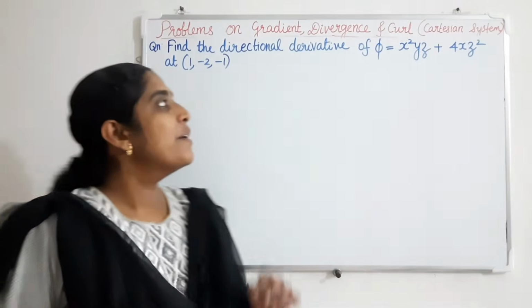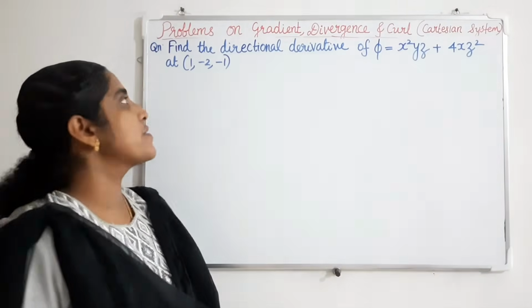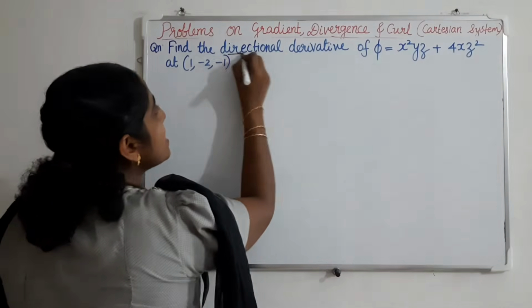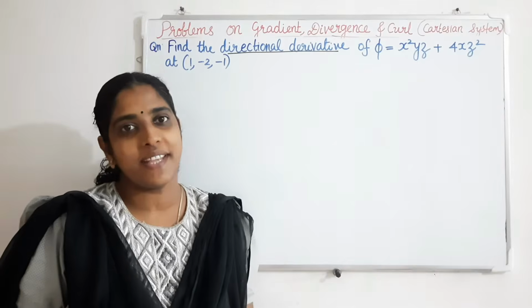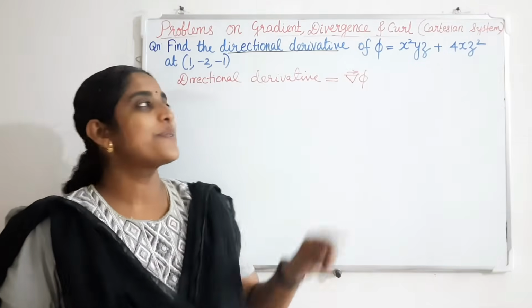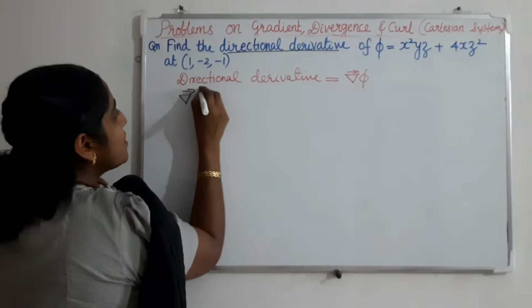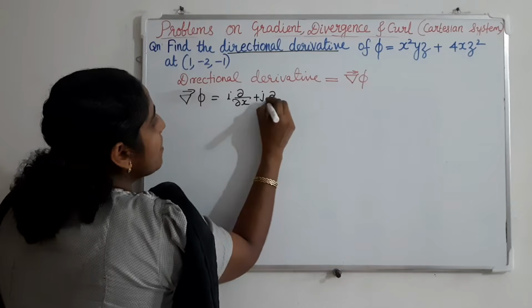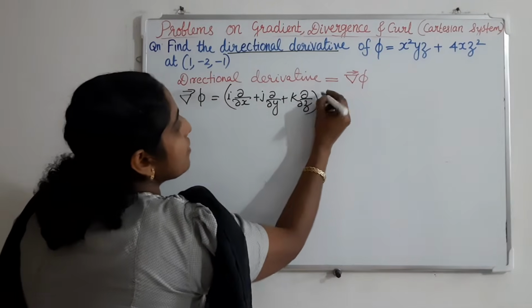See the next question. Find the directional derivative of phi equal to x²yz plus 4xz² at (1, −2, −1). What is directional derivative? Directional derivative means gradient of the given scalar function. So in this question we have to find del phi. Del phi is equal to i ∂/∂x plus j ∂/∂y plus k ∂/∂z, which operates on the scalar function.